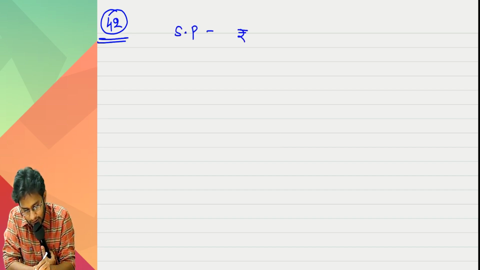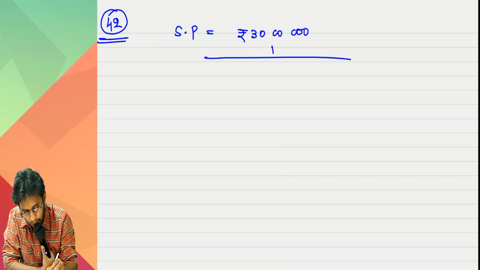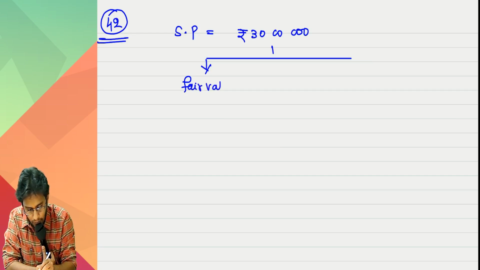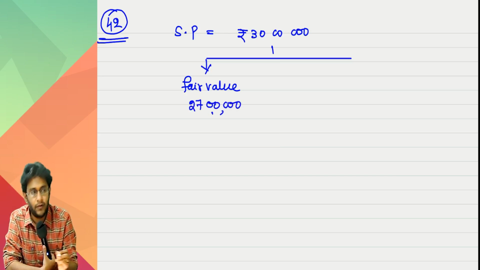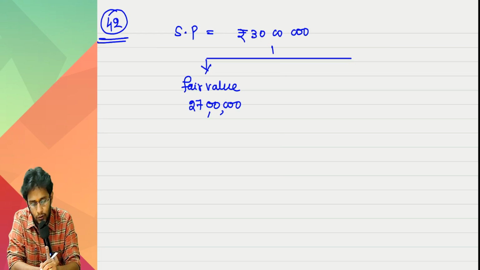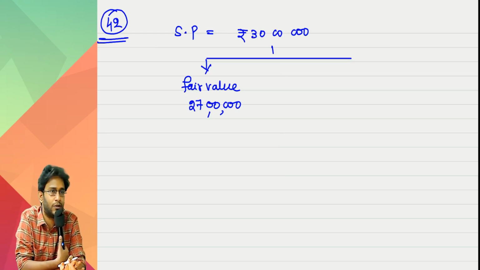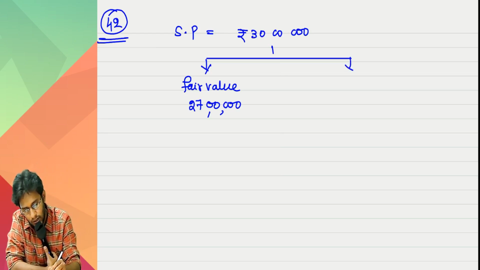So selling price is 30 lakhs. In this, the fair value of the asset is only 27 lakhs. For your profit identification and all, you should consider only 27 lakh, because the genuine sale price is only that much.